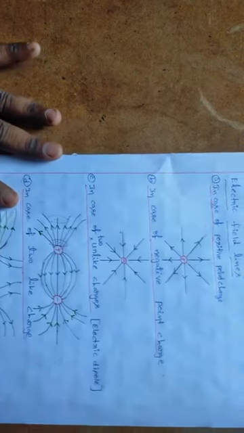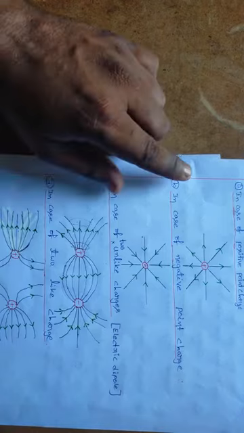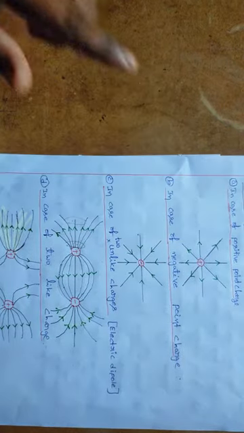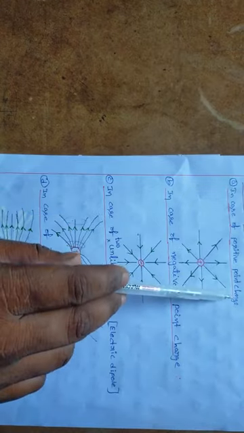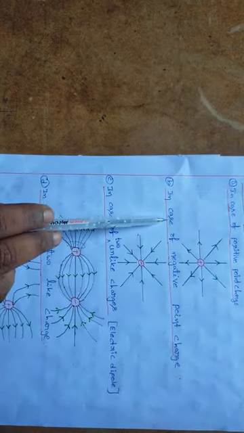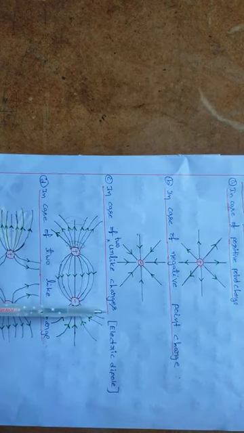Now, you just see my 4 diagrams. The very first one is the electric field lines due to a positive charge, then the electric field lines due to a negative charge, then the electric field lines due to unlike charges, and the electric field lines due to like charges.